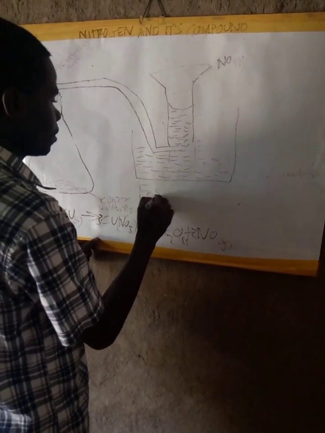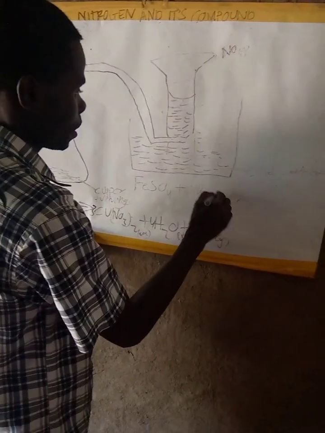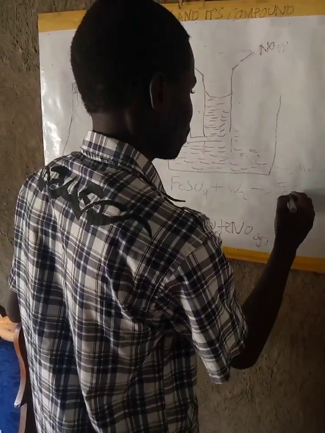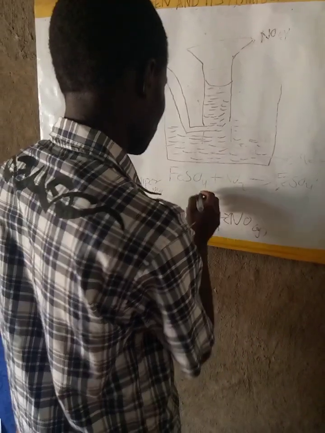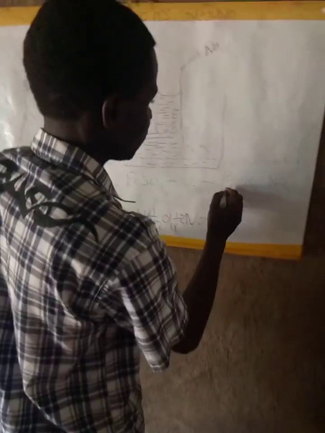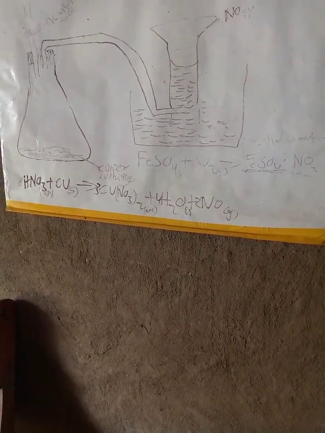This is how you write the equation: iron 2 sulfate plus nitrogen 2 oxide form a complex compound known as nitroso-iron 2 sulfate. That is the complex compound formed when iron 2 sulfate and nitrogen 2 oxide react.